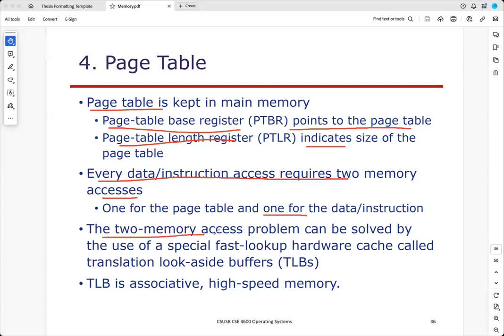The two memory access problem can be solved by using a special fast lookup hardware cache called translation lookaside buffers, TLB. This works as a cache between the main memory and the registers. TLB is a fast cache, so the access speed to the TLB is close to register access.